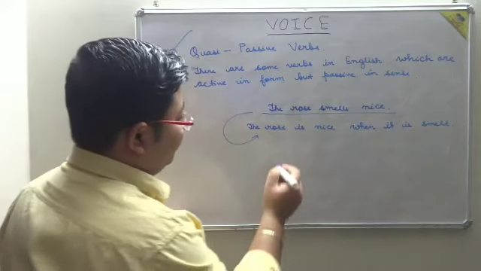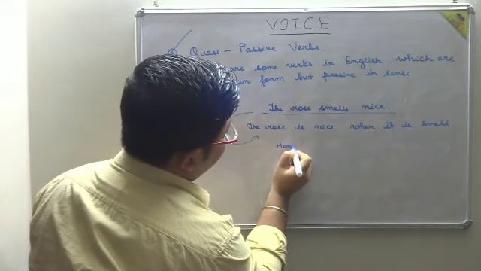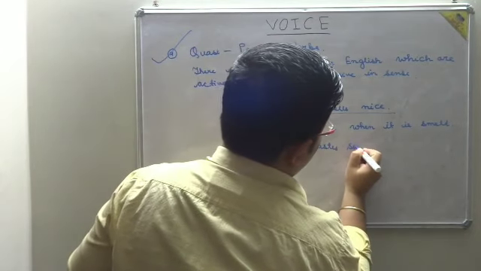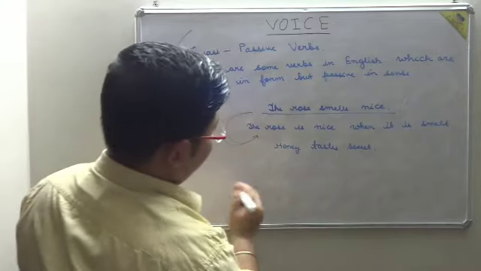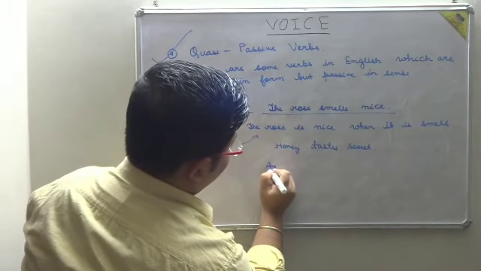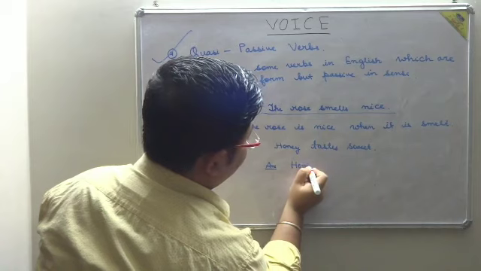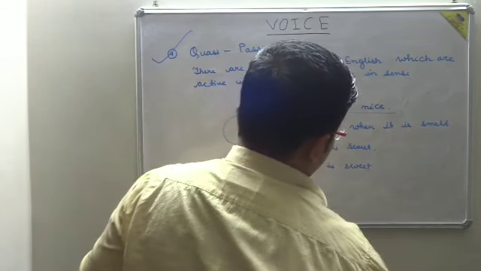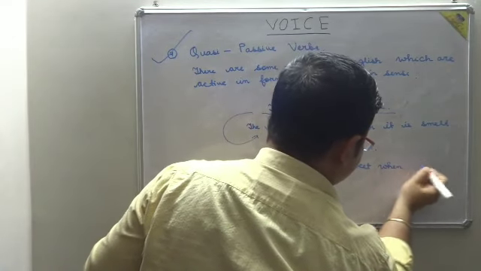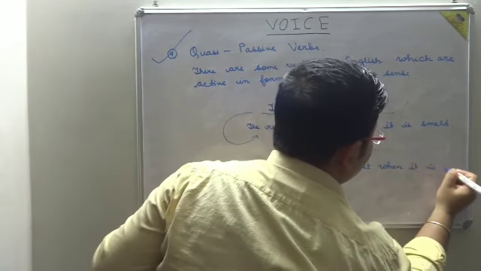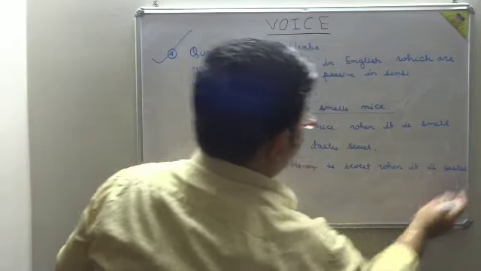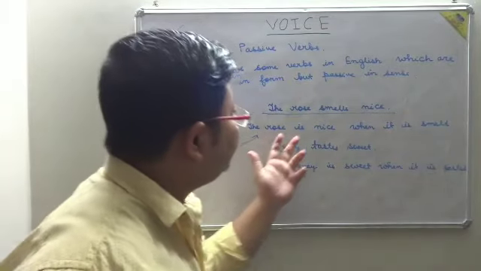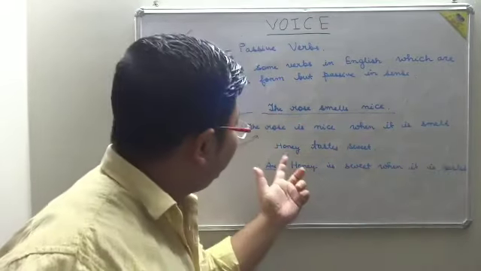One more example I am giving you. Honey tastes sweet. Our answer will be: honey is sweet when it is tasted. See, the rose smells nice. The rose is nice when it is smelled. Honey tastes sweet.